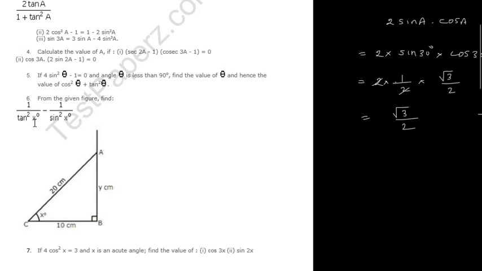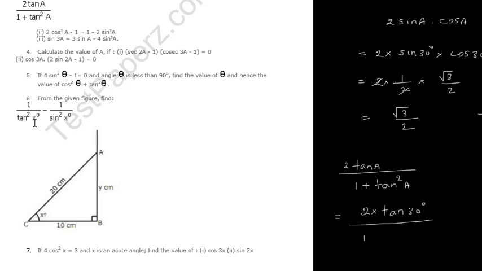So let us find the value of 2 tan a upon 1 plus tan square a. Now this 2 tan a means 2 tan 30 degree upon 1 plus tan square 30 degree.